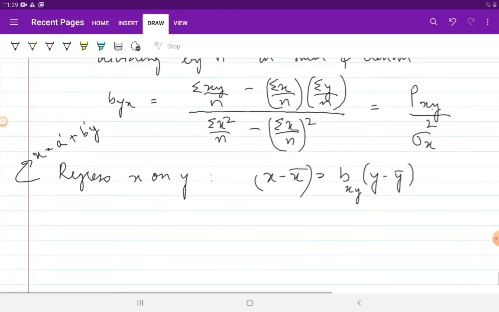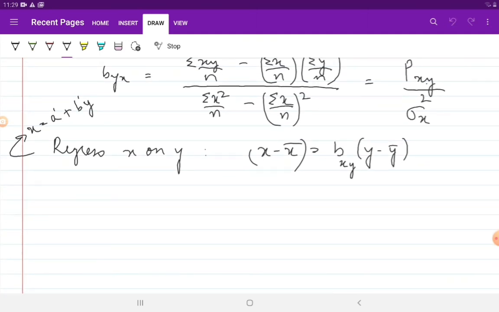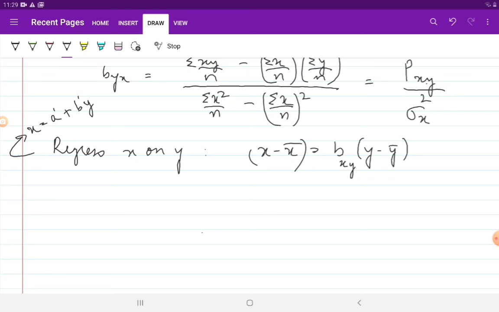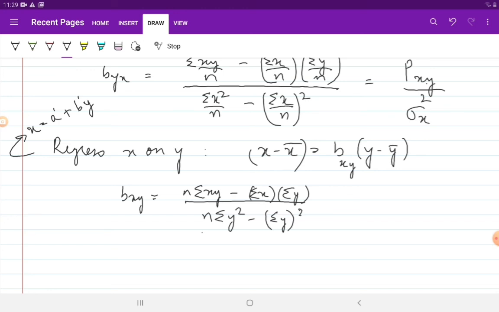Same as above, for this regression coefficient bxy, the formula will be given by n times summation xy minus summation x into summation y. It's the denominator that changes. In the denominator, you will have n times summation y square minus summation y the whole square.